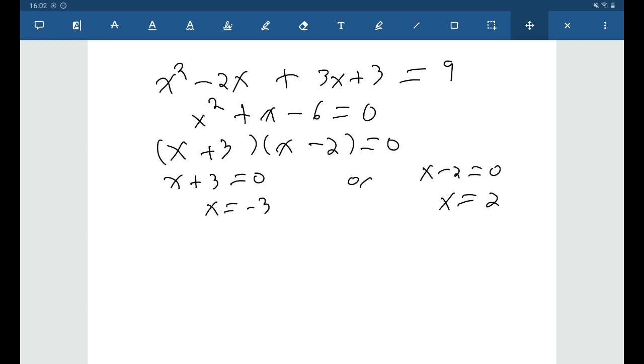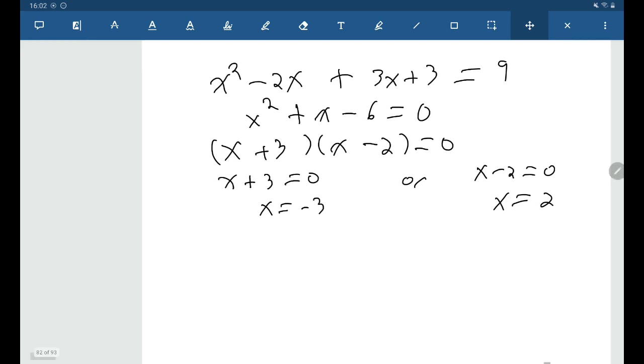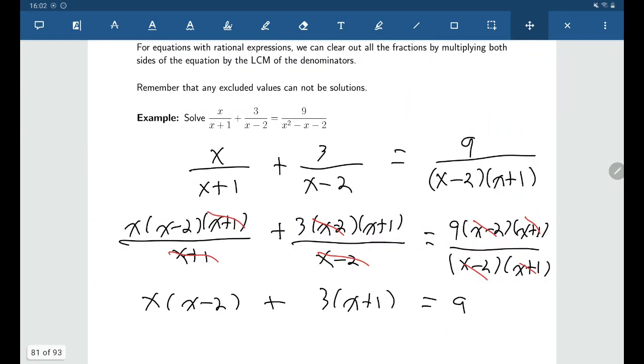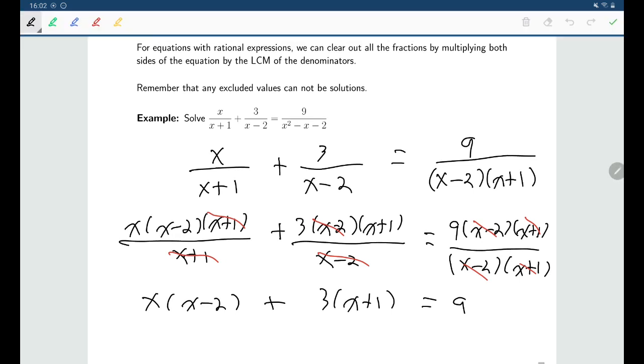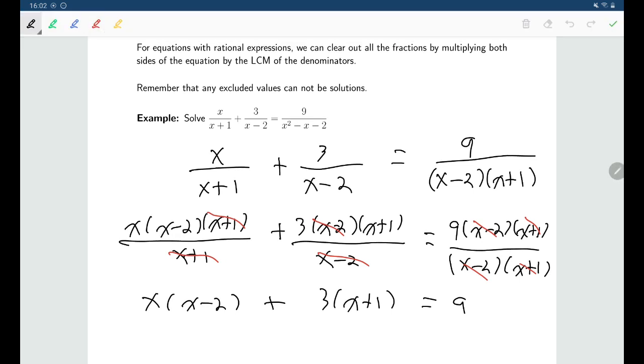Now again, I want to remind ourselves before we get very excited and feel glad about our two solutions, we need to go back and think about what we did and what we didn't do, which is we never thought at the beginning about what are the excluded values in this equation. And there are two excluded values. Remember, for excluded values, those would be any values that make one or more of those expressions undefined.